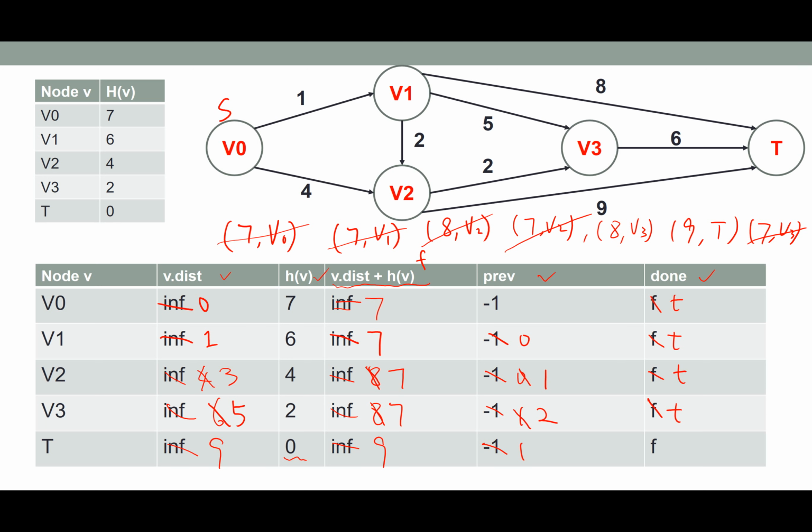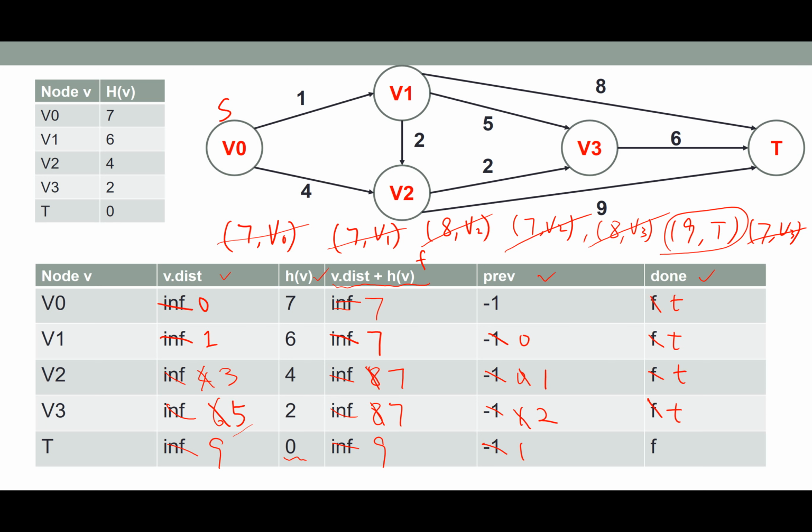We look at the neighbors of v3, it is only t in there. And if you look at the distance for t from v3, which is 5 plus 6, which is 11, is not better than t. So we don't update it. And then we pop 8 v3. v3 is already visited, so we don't worry about it.